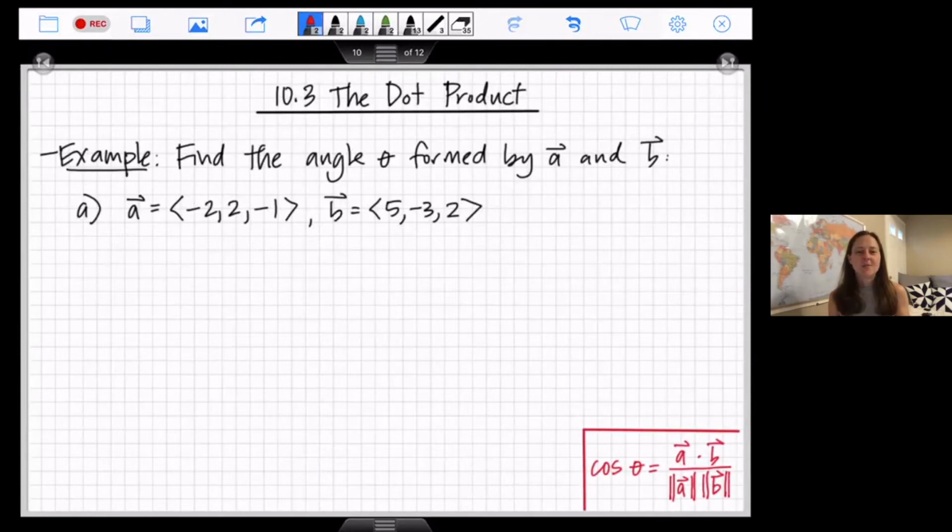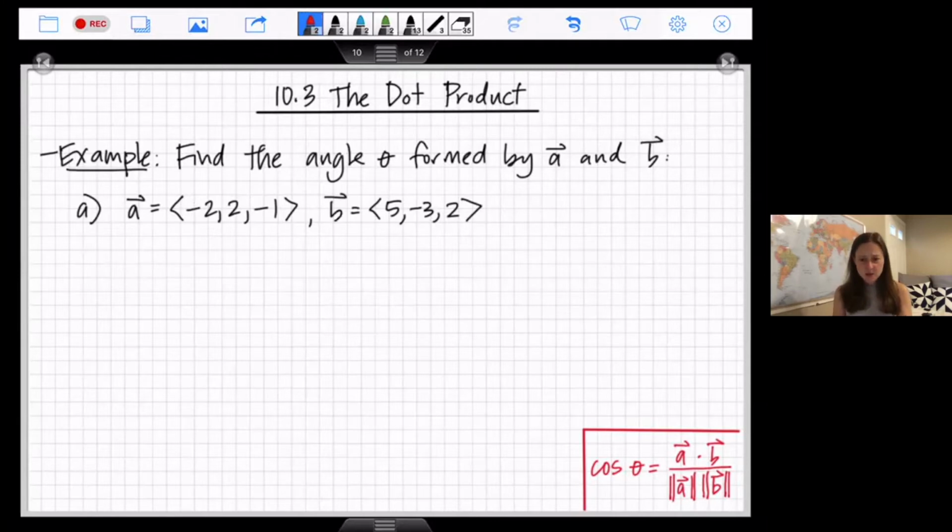So we've got our mystery formula down there in the right-hand corner, and we're going to use it to find the angle made by two vectors. Again, if I were to go over to GeoGebra and plot these two vectors so that they were tail to tail, then we could see what that angle is, and we're going to be able to calculate it with the formula.